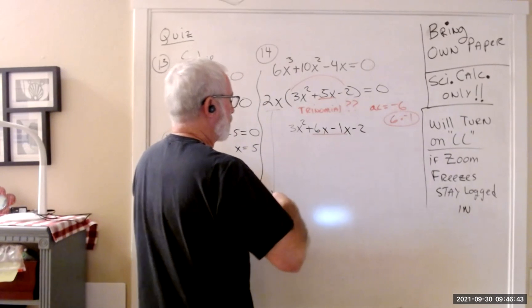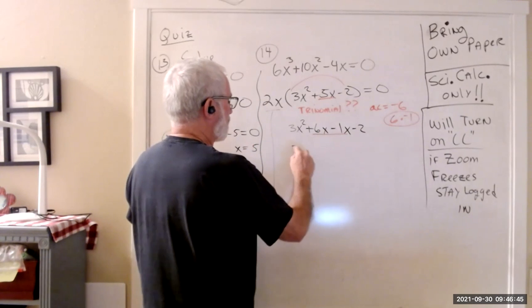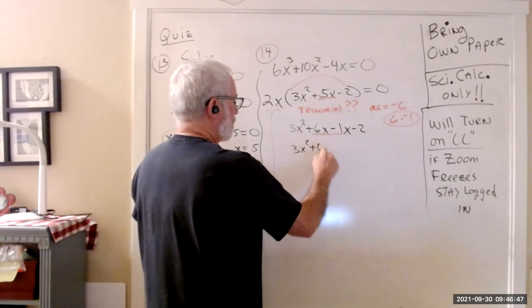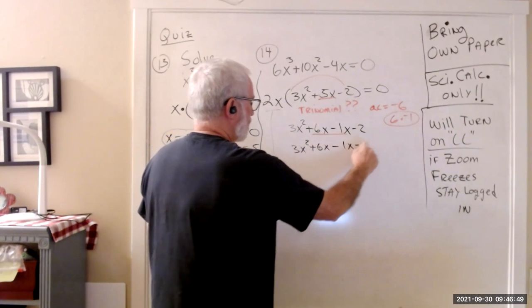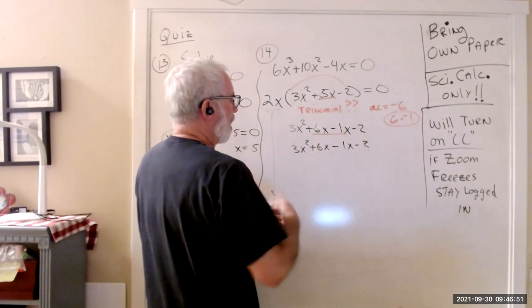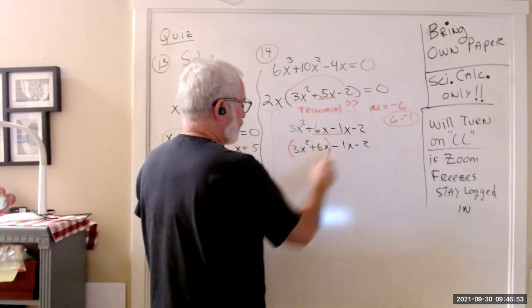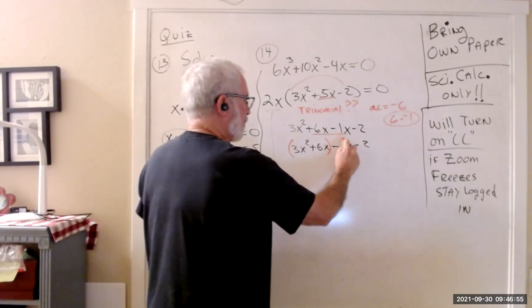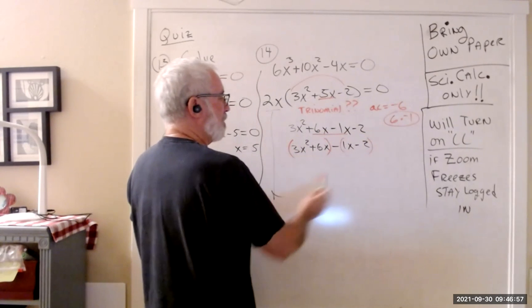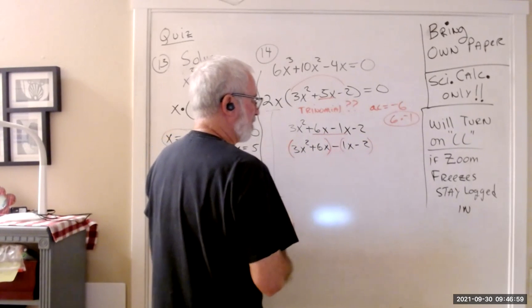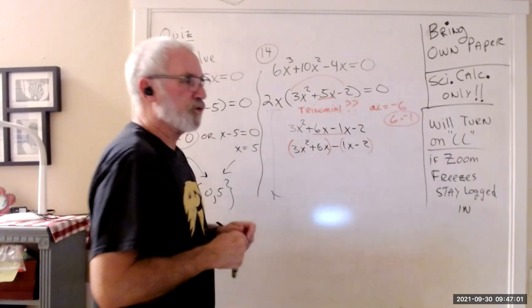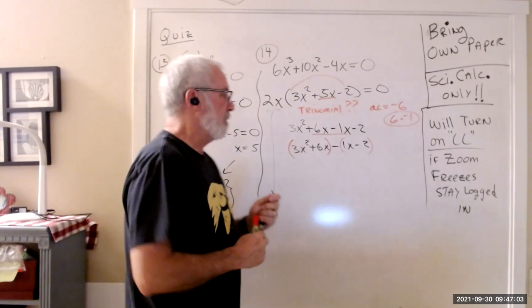Then we put a parenthesis around the first group, put a parenthesis around the second group, making sure to leave the minus sign in between. But this is one of those trick questions.